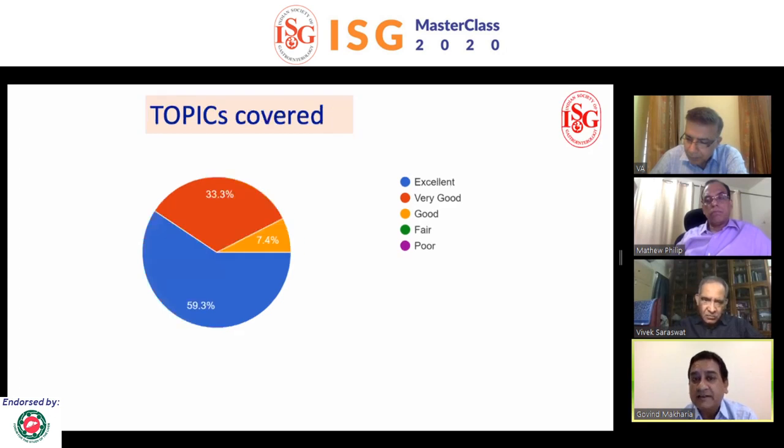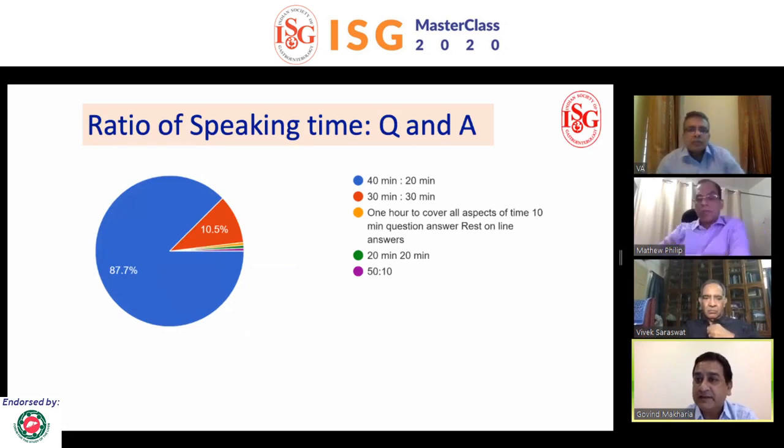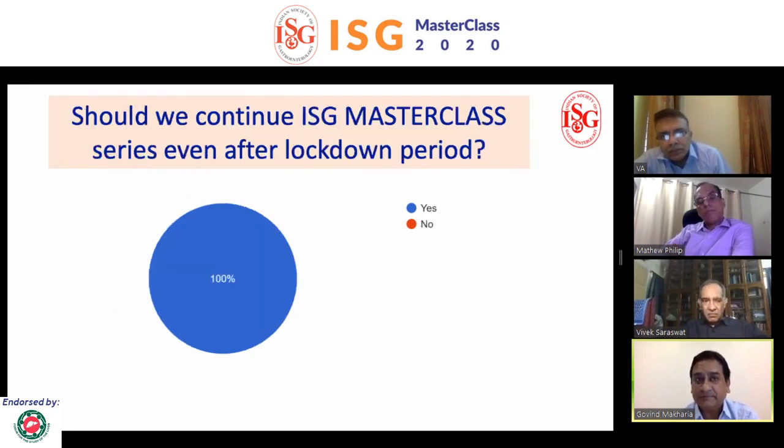Topics covered have been good and excellent, and certainly all the topics we covered were typical CMEs which happen in any conference, and we had wonderful speakers. We also asked what format you like to have: about 40 minutes of speaker's time and 20 minutes of question and answer session, or half an hour and half an hour. Most people say that the format we follow, 40-20, is good for them.